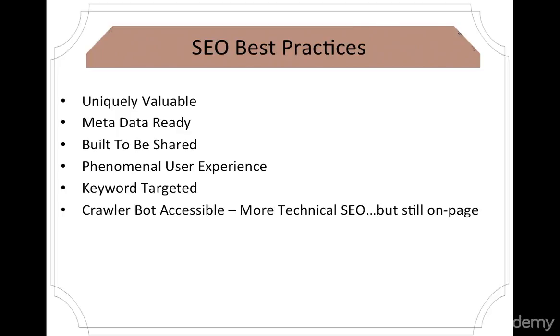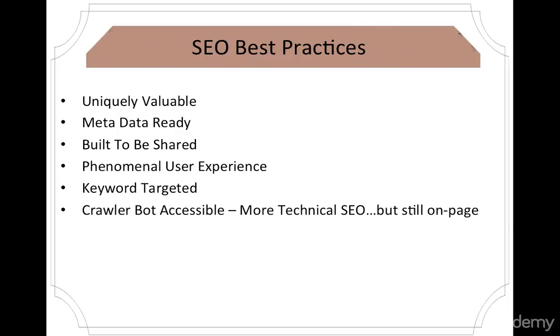First, uniquely valuable. What information am I providing to people that's going to be uniquely valuable and help solve their problem? If it's something that's content driven, that's one thing. But right now we're a local business, and we're trying to make certain that when people are trying to find what they're looking for, we can help them solve that problem.